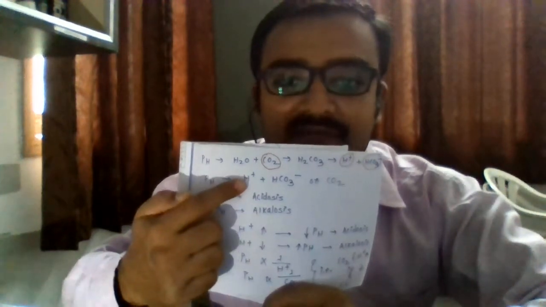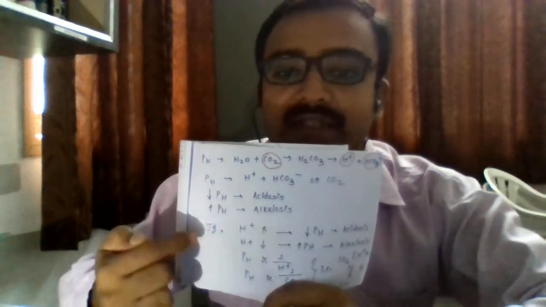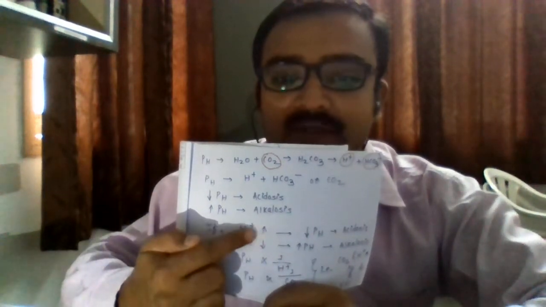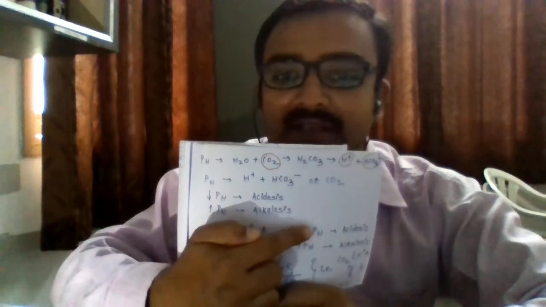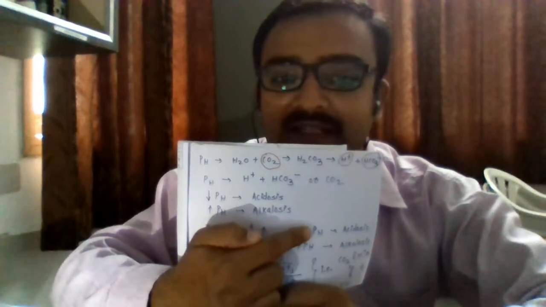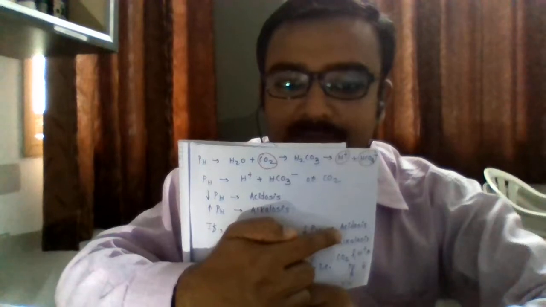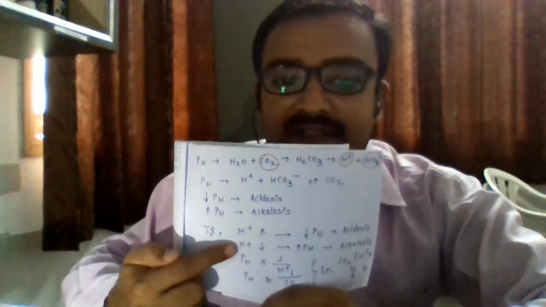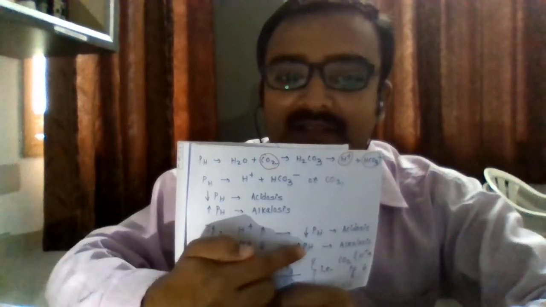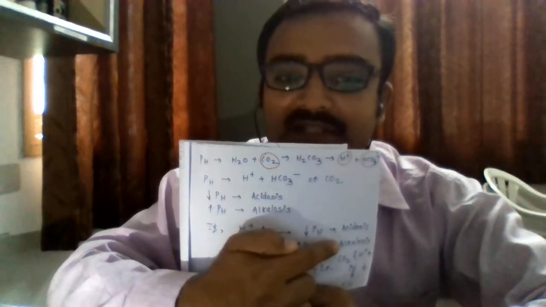So from this equation, we come to know that if the hydrogen ion concentration increases, then the pH decreases and it results in acidosis. Similarly, if the hydrogen ion concentration decreases, the pH increases and it will result in alkalosis.